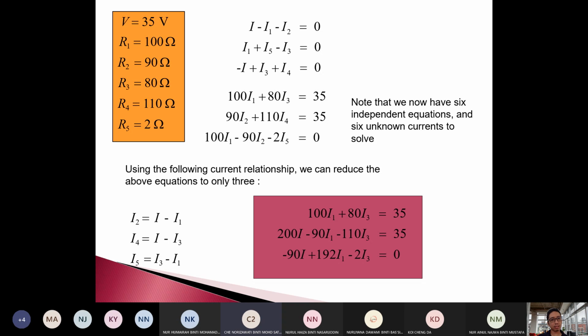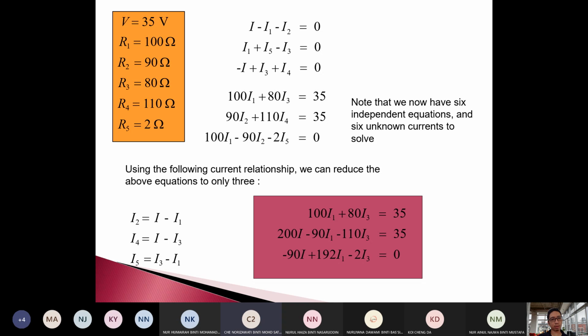So 90 I minus 90 I1, plus 110 I4 you can also replace with this one, 110 I minus 110 I3, equals 35, and it is reduced to this one. You obtain 200I minus 90I1 minus 110I3.